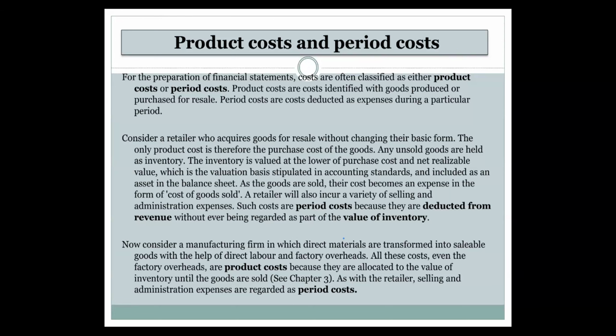The inventory is valued at the lower of purchase cost and net realizable value. The question can come in your exam on how we value our inventory in hand. The MCQ options may be higher of cost or net realizable value, lower of cost or net realizable value, whatever the option is. So the answer is lower of cost and net realizable value.